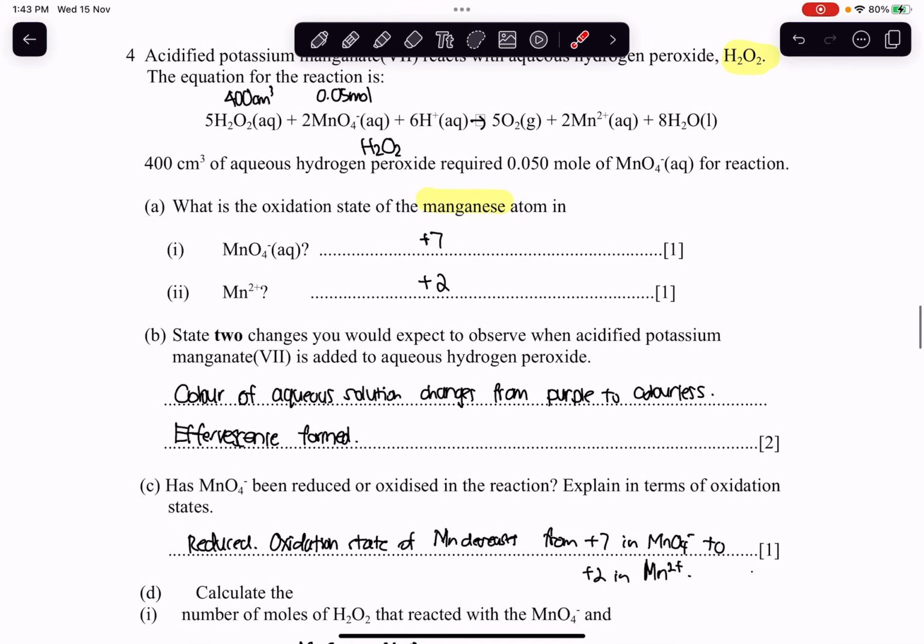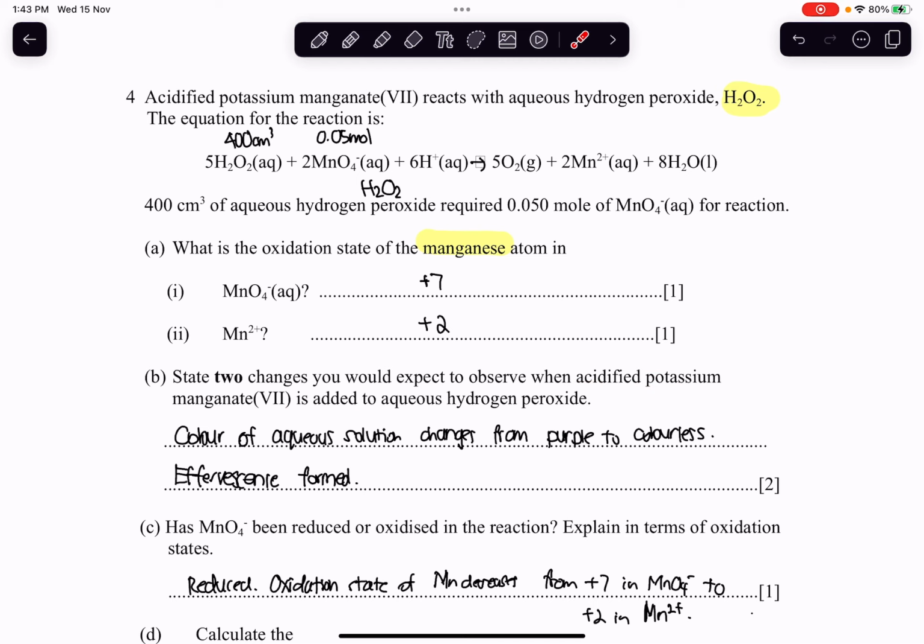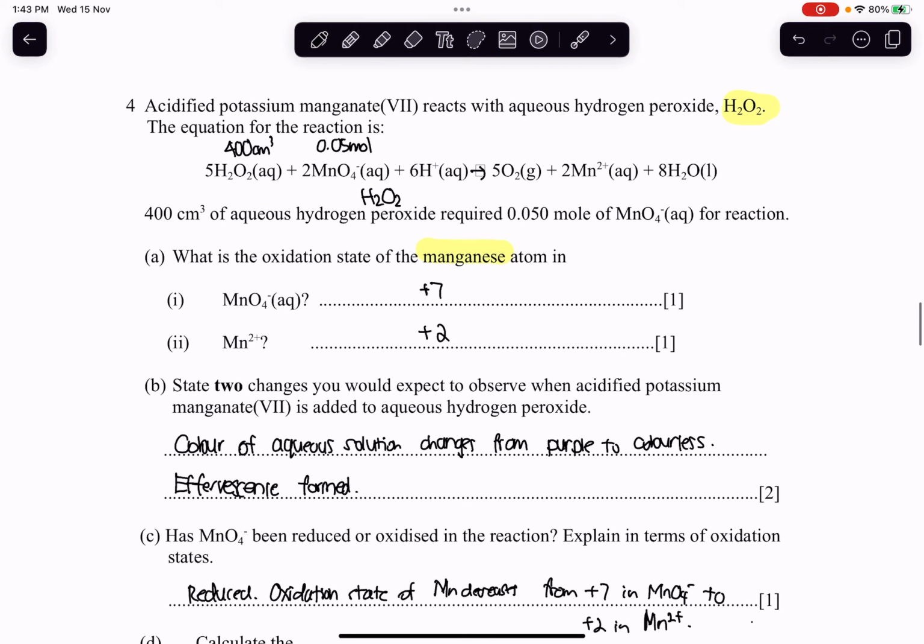What two changes would you expect to observe when acidified potassium manganate(VII) is added to aqueous hydrogen peroxide? In this case they ask you to state two changes, but if they ask you whether there will be changes, how can you tell? Remember, your acidified potassium manganate(VII) is an oxidizing agent, so it itself is reduced because Mn goes from +7 to +2.